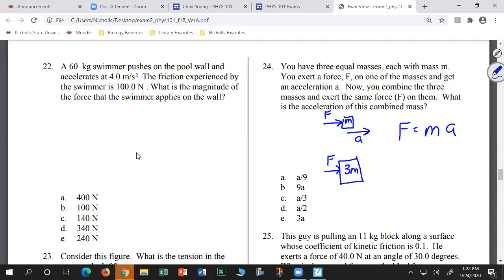You can see that in this equation, that if I keep my force the same and I triple my mass, in order for this equation to still be correct, I'm going to have to third my acceleration, because then these terms will cancel out. So that means that my acceleration is going to be 1/3 of the original acceleration.